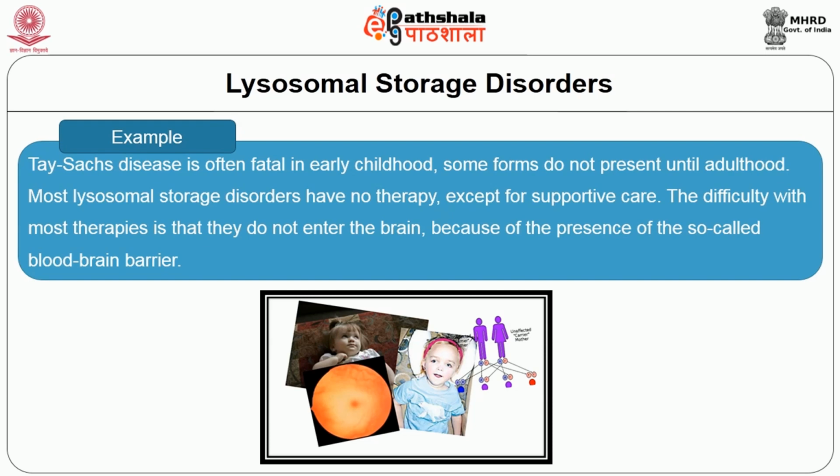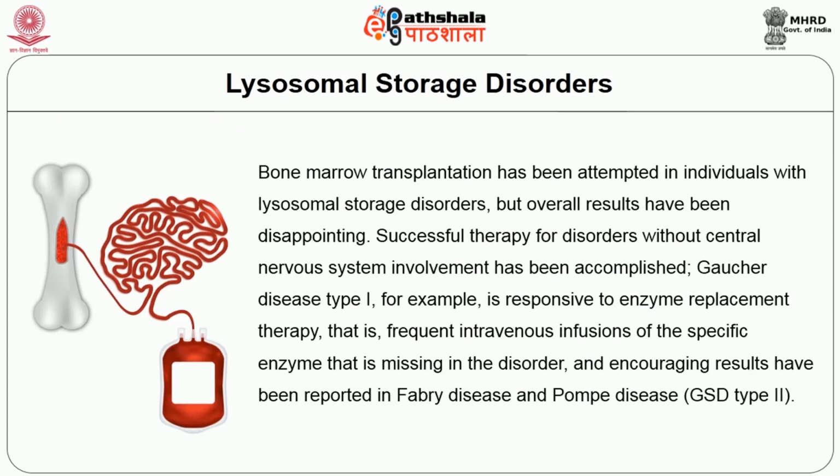The difficulty with most therapies is that they do not enter the brain because of the presence of the so-called blood-brain barrier. Bone marrow transplantation has been attempted in individuals with lysosomal storage disorders, but overall results have been disappointing.